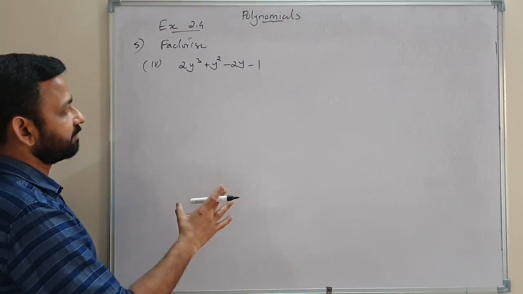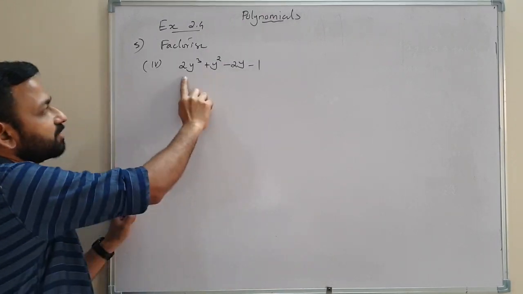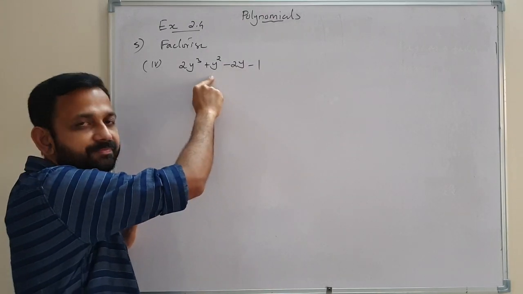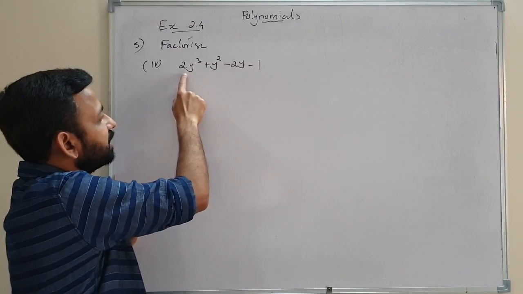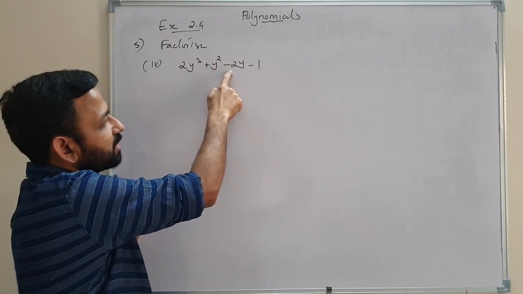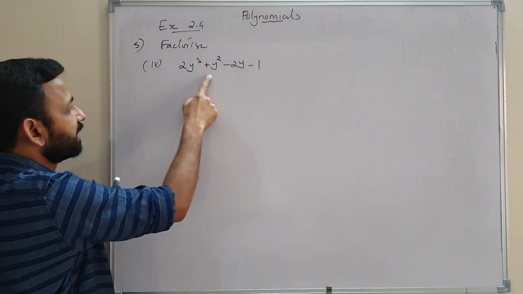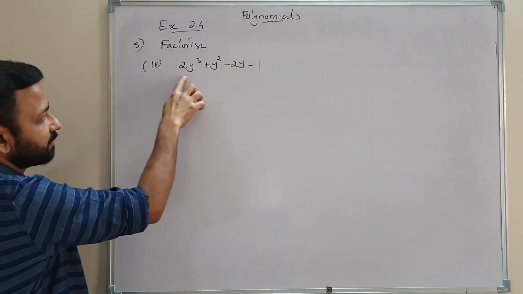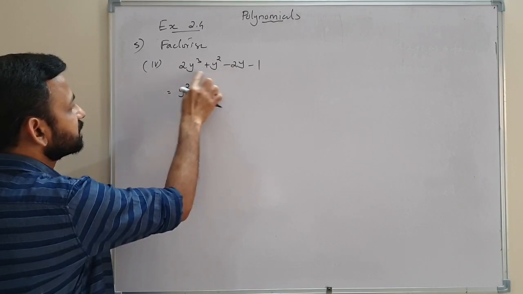Here also we will try by taking something common outside. If you take y square outside from the first two terms, then we will get 2y plus 1. And if you take minus 1 outside, again we will get 2y plus 1 inside the bracket. So we take y square outside from the first two terms.